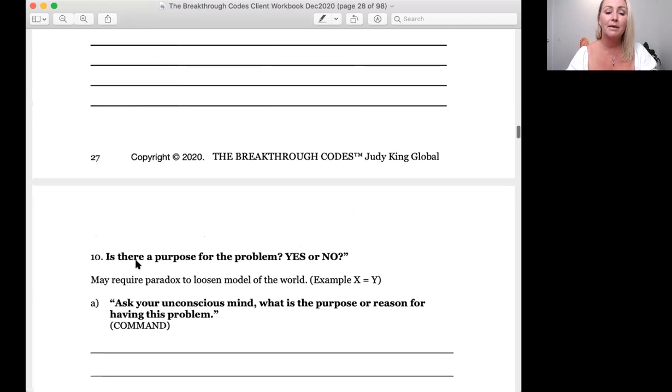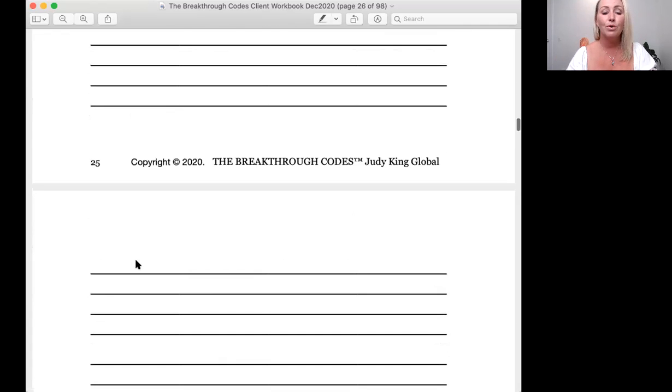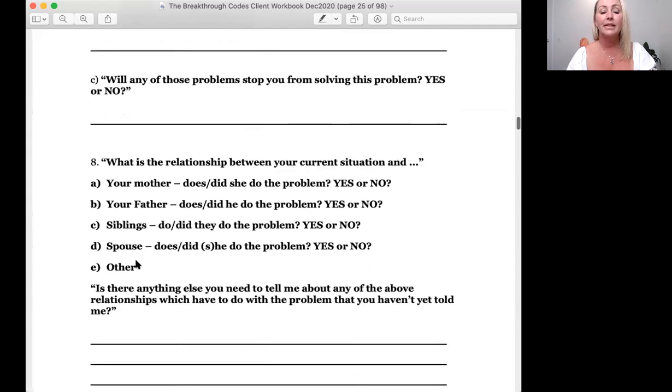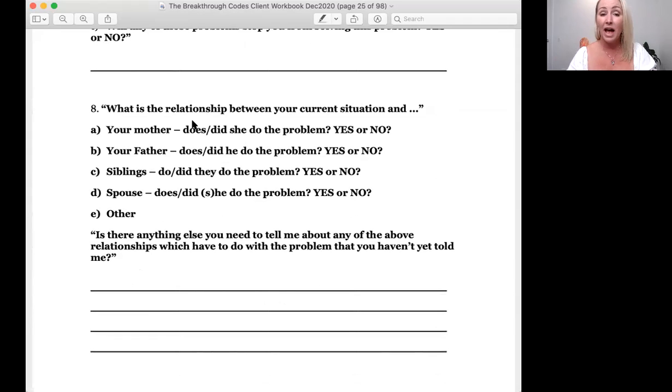Now, let's say, for an example here, they say no to all of the questions. No one in my family does it. I would get really, really curious. I've never had that personally. It could be possible. I would definitely uncover who they spent most of their time with growing up to see if there was anyone else that they lived their life modeled off.